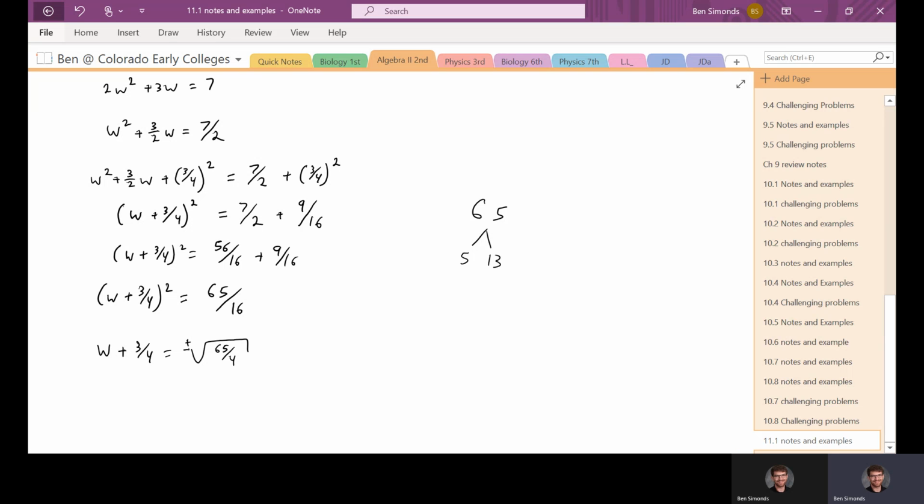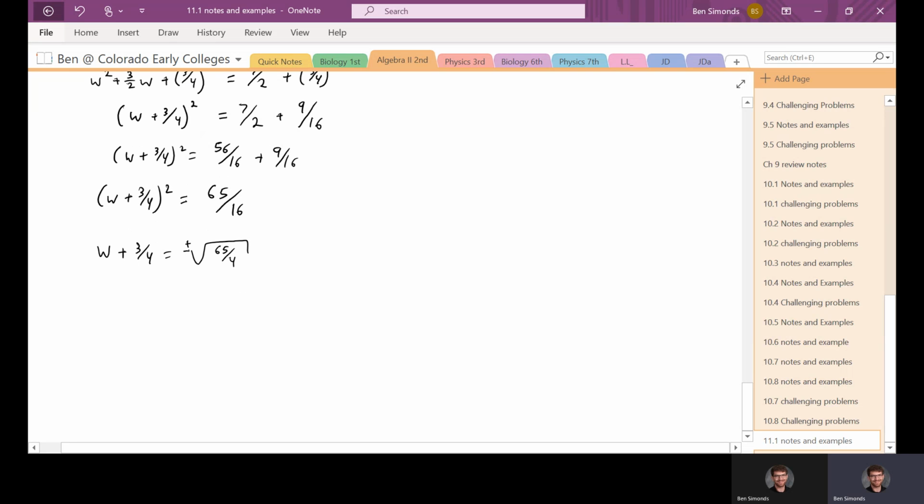So you can't simplify the square root of 65 at all. So that's as simple as it gets. So we get w equals negative 3/4 plus or minus square root of 65 divided by 4. And that's as simplified as we can get, because the square root of 65 doesn't simplify any.